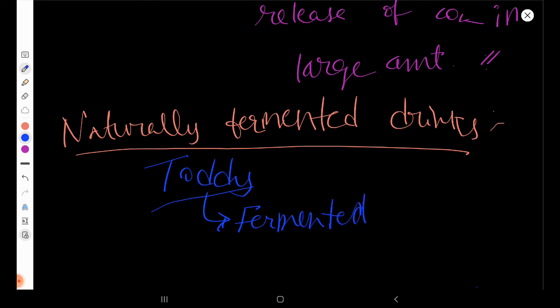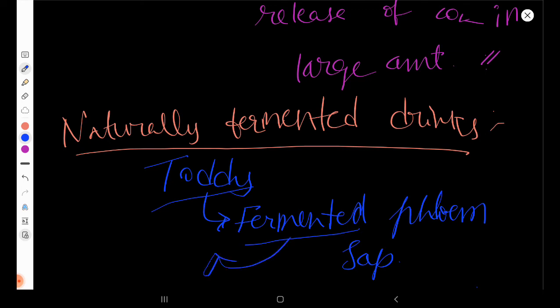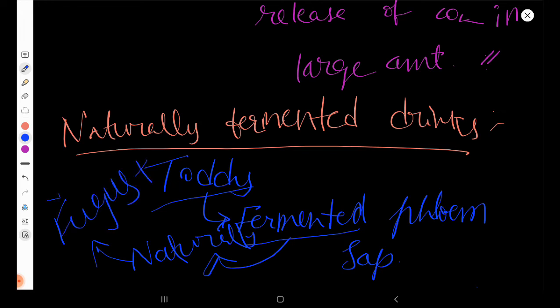This phloem sap is collected from the inflorescence of either coconut tree or palm tree, various types of trees, and there are various types of toddies. Also this fermentation is done by naturally occurring microbes or bacteria. Generally it is an association, according to Wikipedia, of fungus like yeast and bacteria.